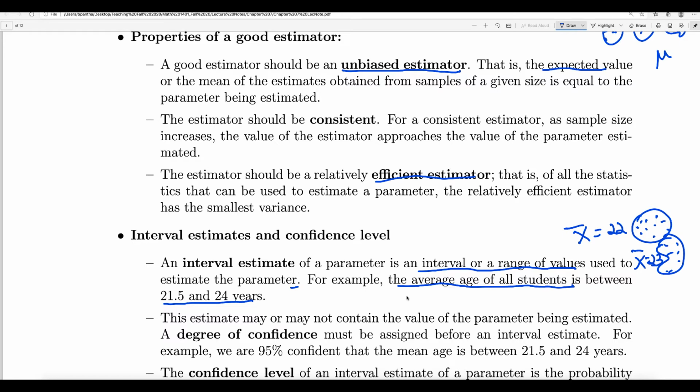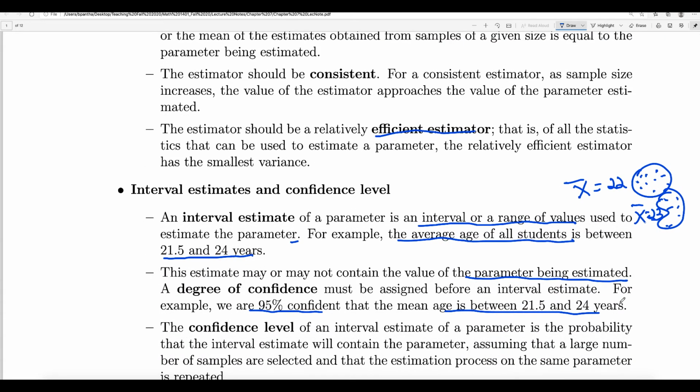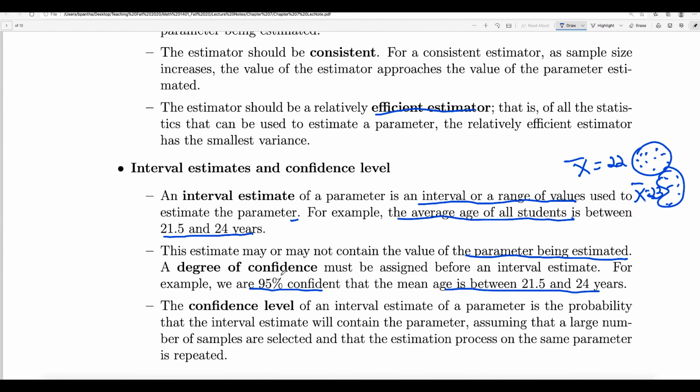This estimate may or may not contain the value of the parameter being estimated. A degree of confidence must be assigned to an interval estimate. For example, we say we are 95% confident that the mean age is between 21.5 and 24 years. In this chapter, we not only give a range of values for the population parameter estimate, we also give the level of confidence.